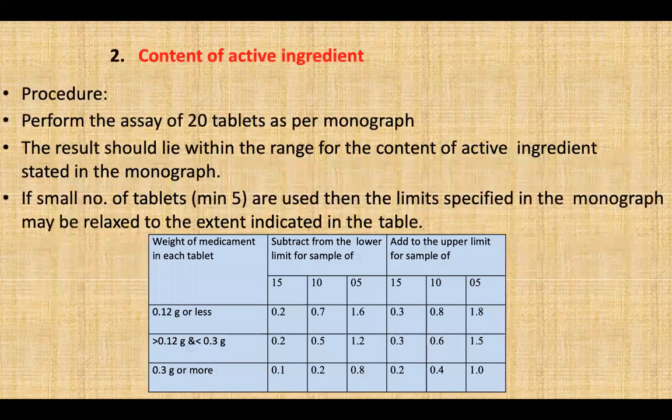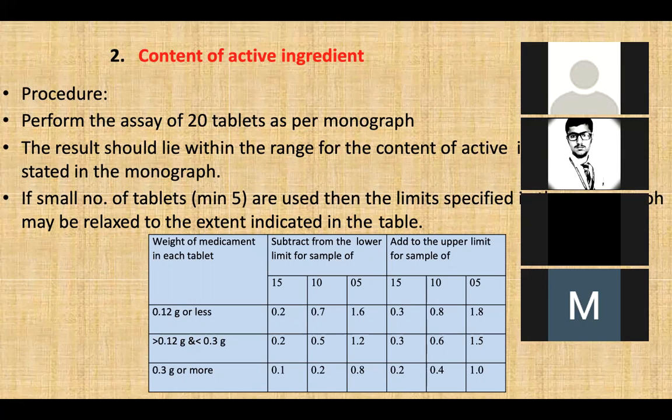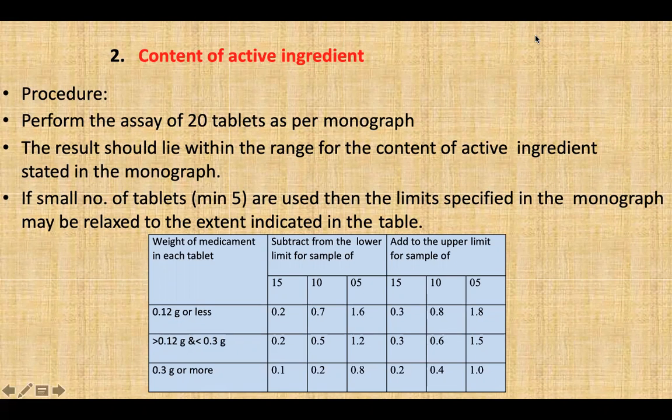Then second is content of active ingredients. So this is the procedure you have to follow. Perform the assay of 20 tablets as per the monograph, meaning as per the USP specification given there. The results should lie within the range for the content of active ingredient stated in the monograph. If a small number of tablets, meaning 5, are used, then the limit specified in the monograph may be relaxed to the extent indicated in the test.